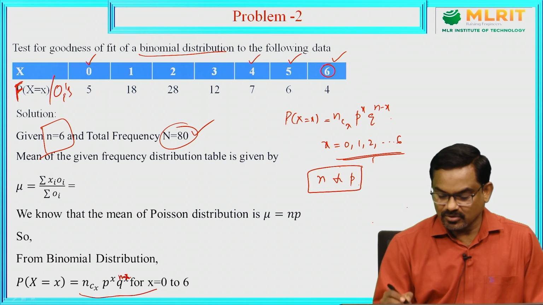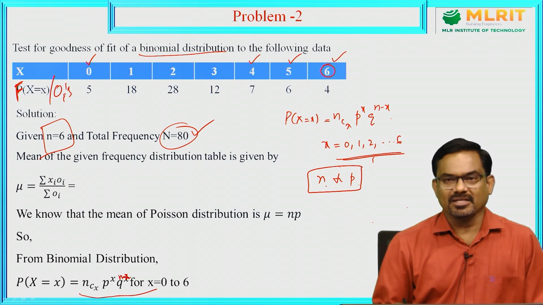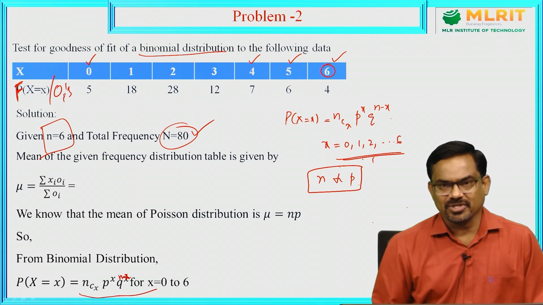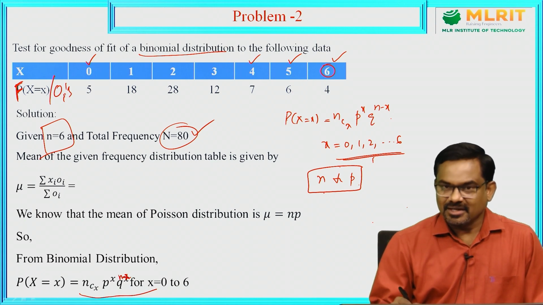These two values, n and p, are the parameters of the binomial distribution. Similar to the previous Poisson distribution, where lambda is the parameter, here n and p are the parameters of the binomial distribution.